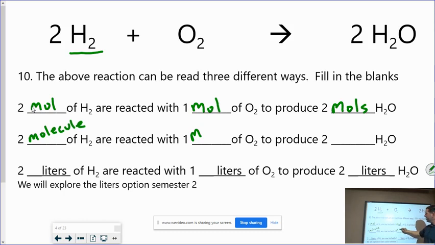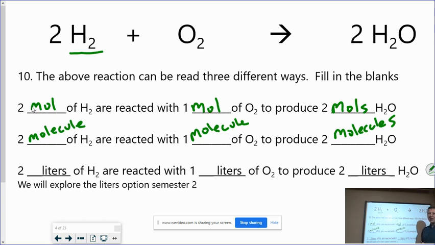So 2 molecules of hydrogen gas react with 1 molecule of oxygen gas to produce 2 molecules of water. In some instances we could put atoms in the blank, but it's very rare. It is possible, but probably not for all of them.